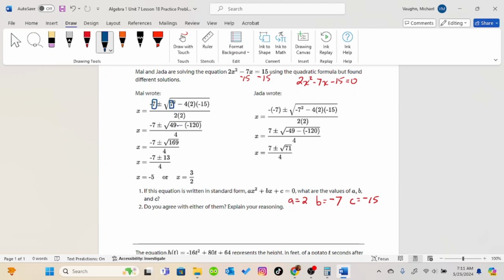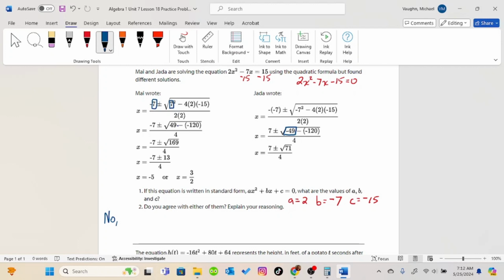So her work is wrong. Jada makes a mistake right here. When she squares negative 7, she should get positive 49 because a negative times a negative is a positive. She gets negative 49, which is then going to make her answers incorrect.